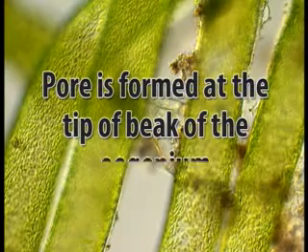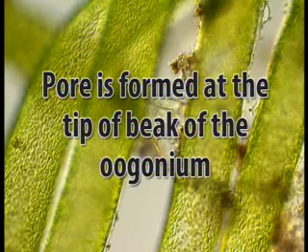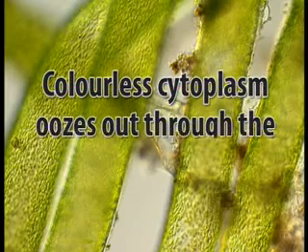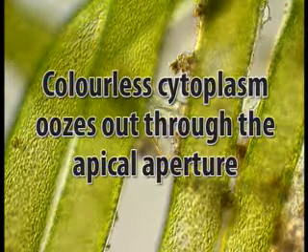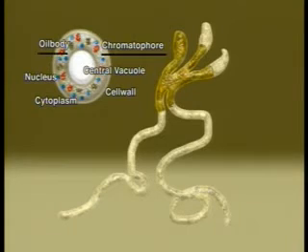At the tip of the beak of the oogonium a pore is formed, from which colorless cytoplasm oozes out through the apical aperture. At this stage, the chromatophores and oil droplets move to the center of the ovum, which is surrounded by a colorless layer of lining cytoplasm.